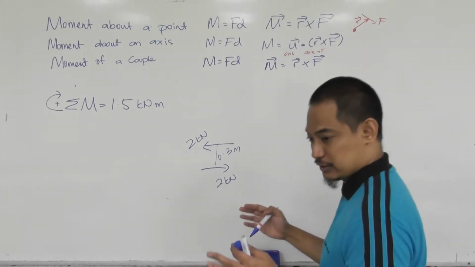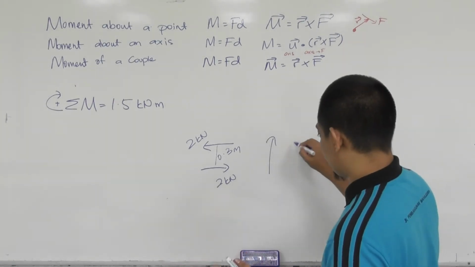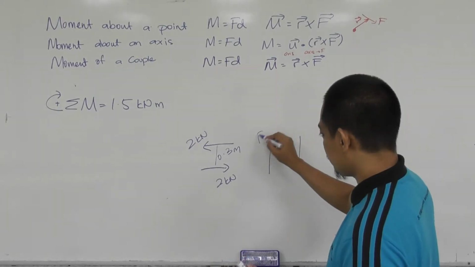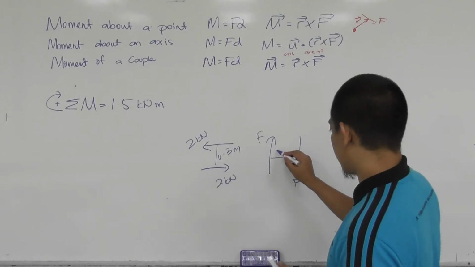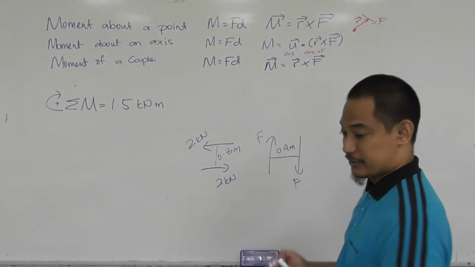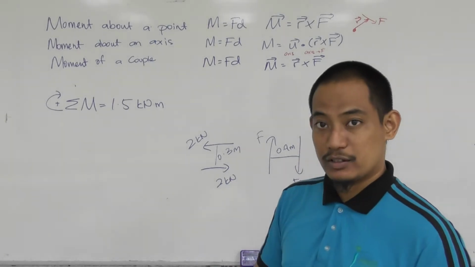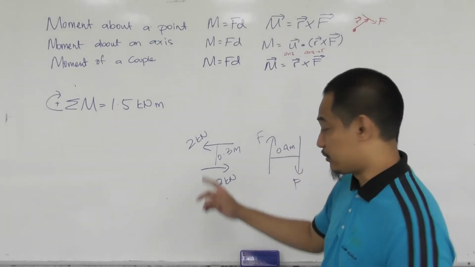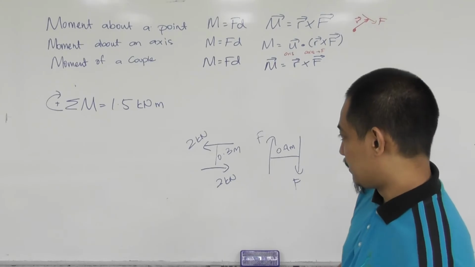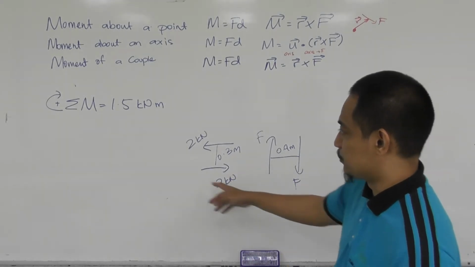And you take out also the F, so we have F and F with a distance of 0.9 meter. So that's the two couples. Right now, we already know the two couples, and the net result of this should be this one.